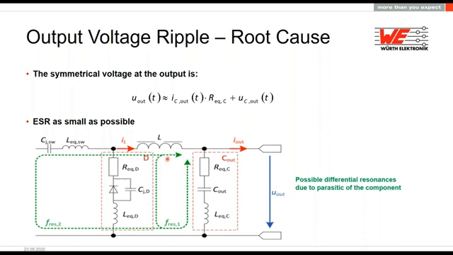Here's the inductor, and because we have an alternating current from the inductor, it goes through the capacitor, and due to the ESR, there will be a voltage drop. It relates to the inductor current. So when you have a low ESR, you also get a low output voltage ripple.